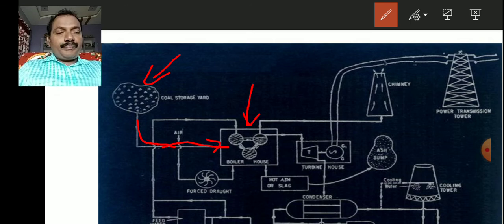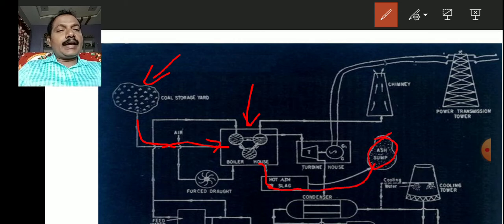So the boiler boils the water and steam is produced, okay, and because the furnace burns the coal, this boiler furnace produces the ash, hot ashes. So from the furnace of the boiler we have the hot ashes like this. This is also called slag. So these hot ashes are collected into the ash sump.